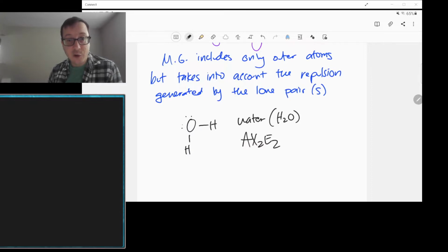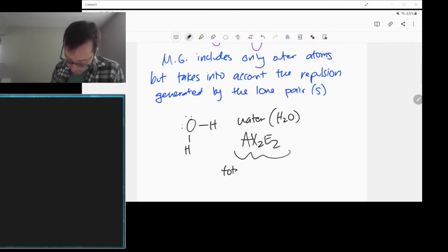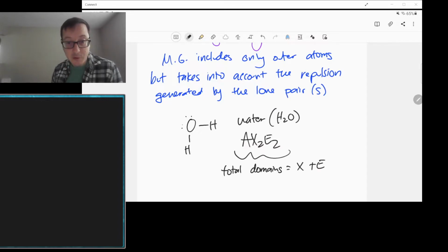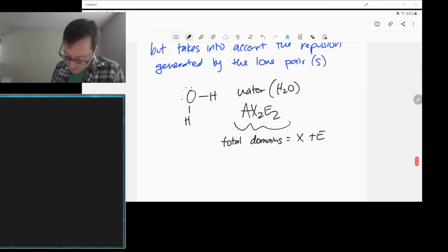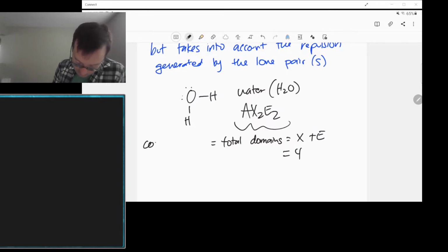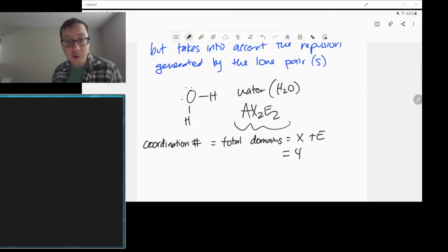And if we consider the total number of domains, which would be both your outer atoms and your lone pairs, in this case is 4 for water. We have 2 lone pairs, 2 outer atoms. That's 4 total things stuck on our water molecule. We call this, by the way, a coordination number, which is the total number of electron domains on your molecule. So we're going to see that it has a coordination number of 4.